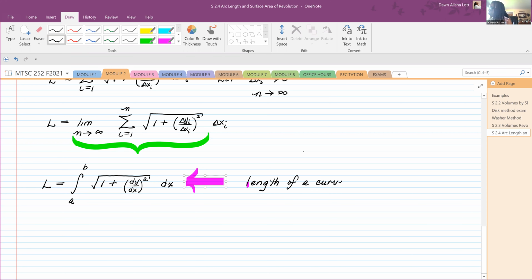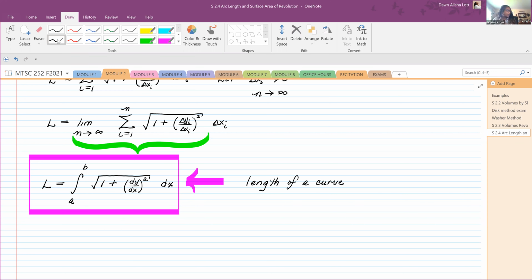Okay, so we got a formula. Nice and simple. Any questions? You've seen the derivation. You never have to derive it again. I want you to know what the length of the curve is.